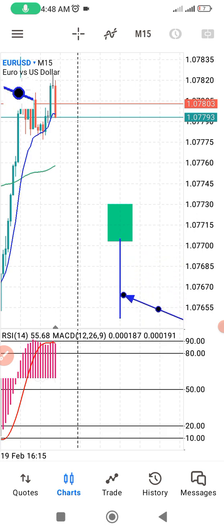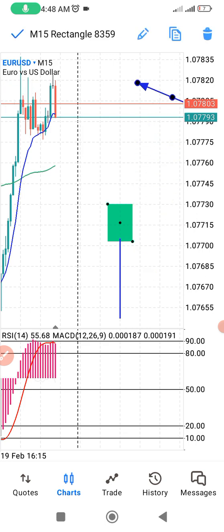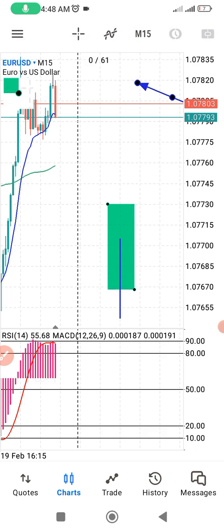This is the wick. So what this wick means is that there was a time that sellers were in this market and then sellers pushed the market all the way down here.